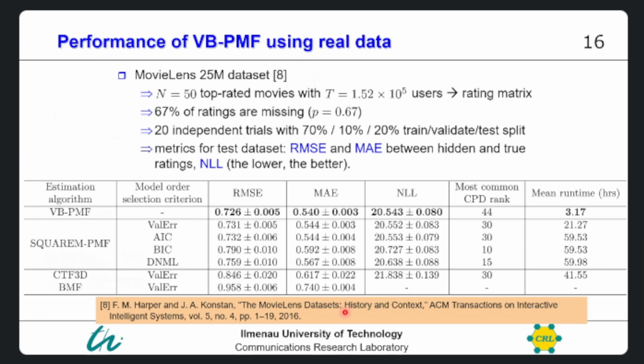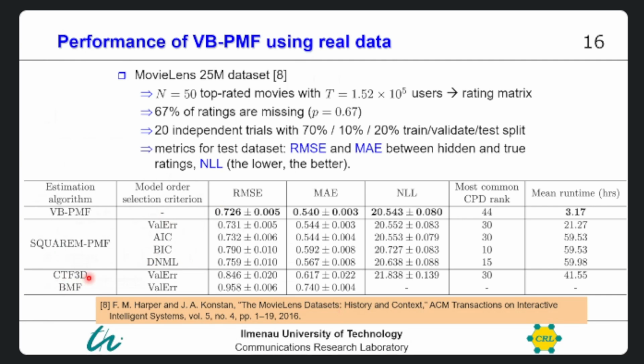Here we have VB-PMF, and then the model order selection techniques. Remember that for VB-PMF we don't need that, but for square EM PMF we have to use one of these: either we check the validation errors on the validation set, or we use these other existing techniques. And then here we have CTF3D.